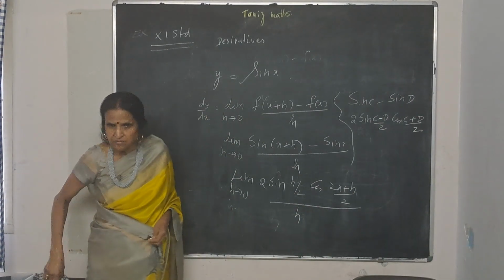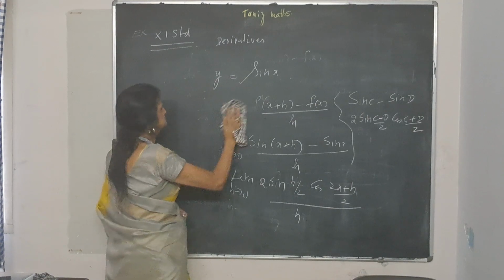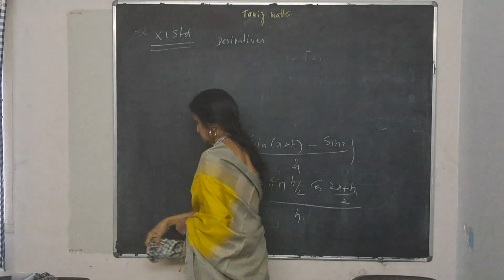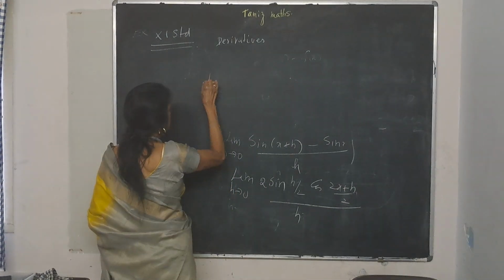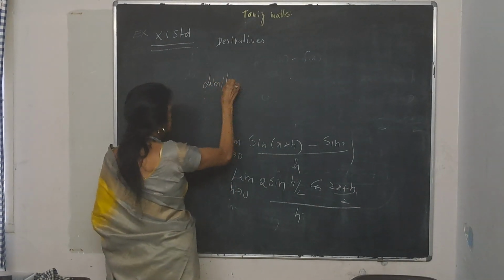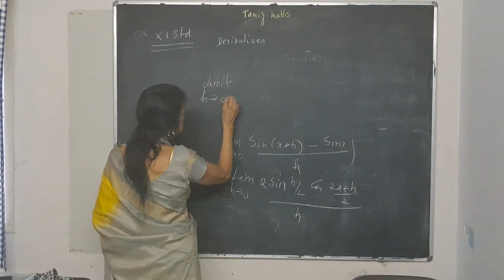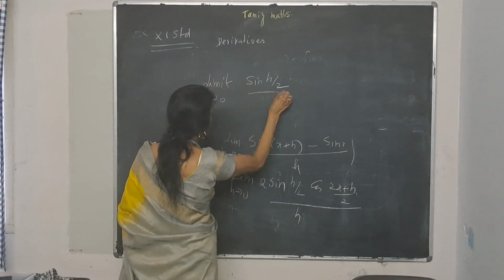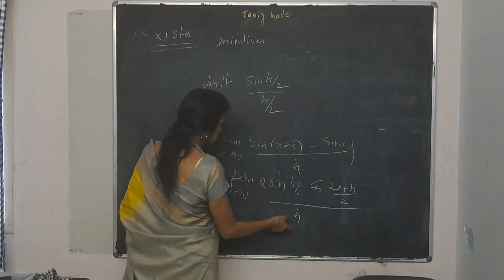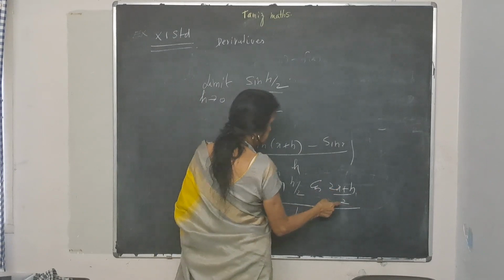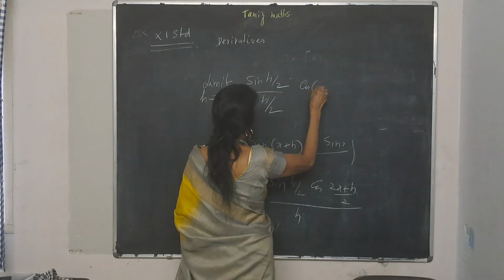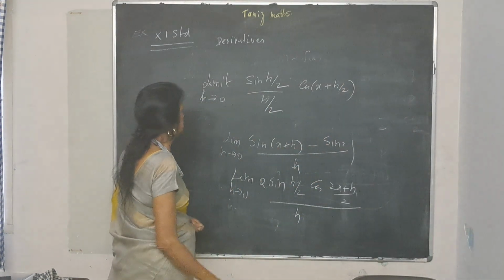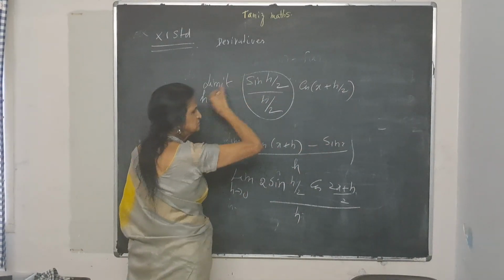This will be the limit of h tending to 0 of sin(h by 2) divided by h by 2, this 2 brought down here, times 2x by 2 cos of (x plus h by 2). Now when h tends to 0, this limit is 1.